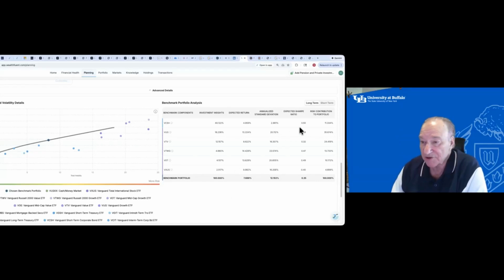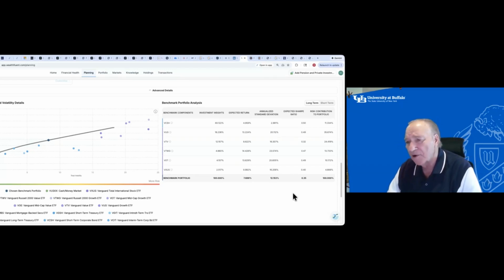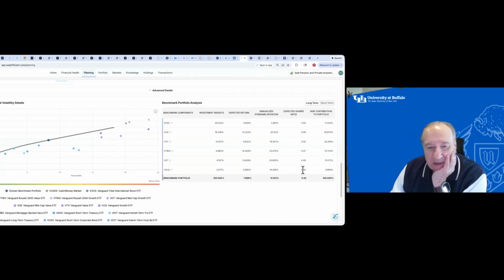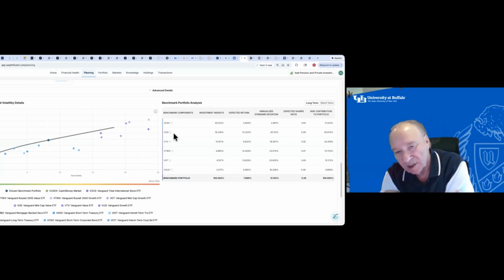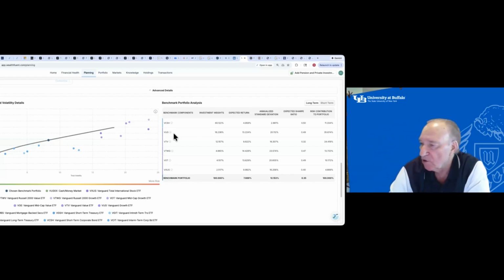Its own expected Sharpe ratio is 0.5, which is the highest here. So that's going to play a big role. The important number is risk contribution in the last column. Well, I like to look at these too to see what's being offered on their own. So actually, the next highest is 0.49, and we get that from no other than VUG, which is the large cap growth fund.